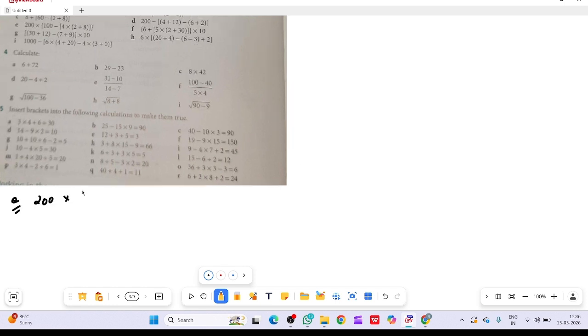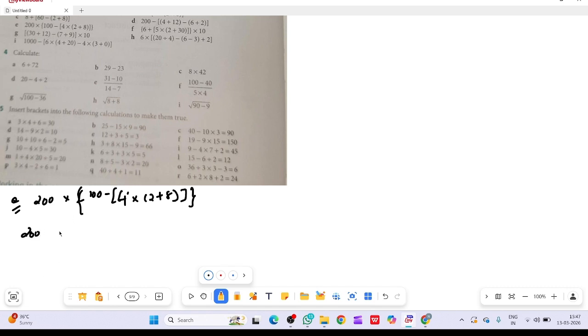E is 200 multiplied by 100 minus 4 into 2 plus 8, and then this bracket closes. Fine.